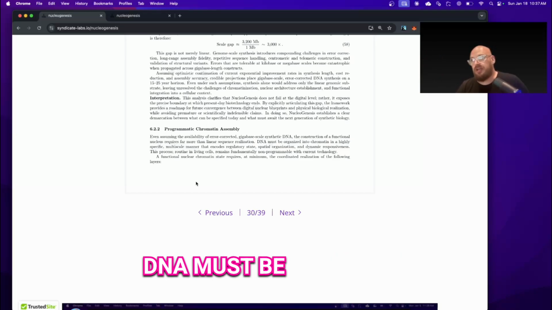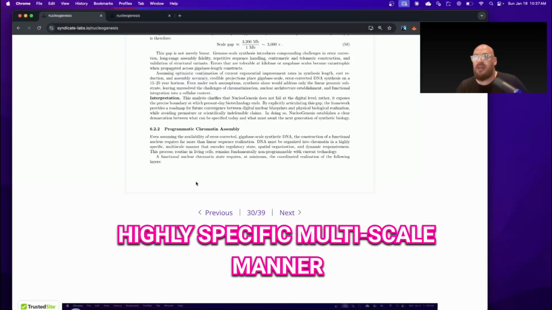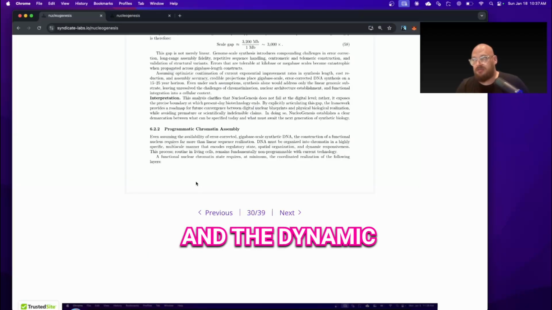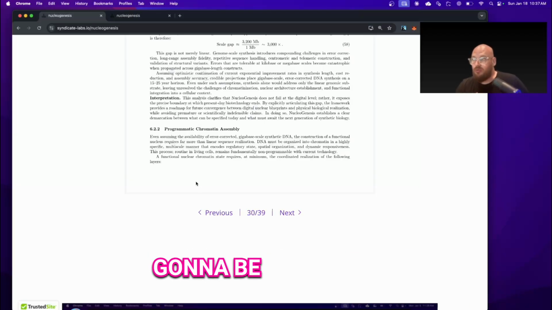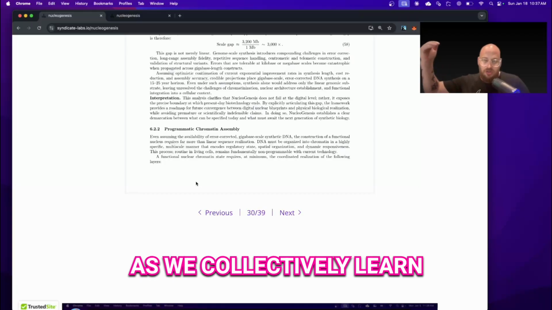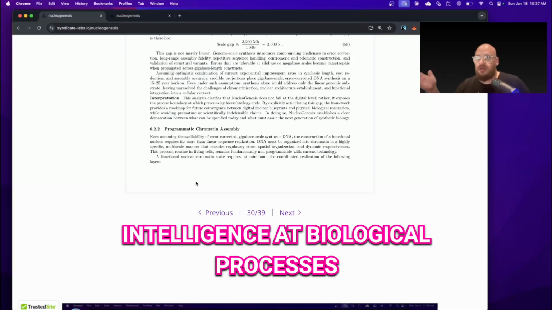DNA must be organized into chromatin in a highly specific, multi-scale manner that encodes the regulatory state, the spatial organization, and the dynamic responsiveness. I think that's going to be really hard, but I believe that as we collectively learn more and point artificial intelligence at biological processes, we will get there.